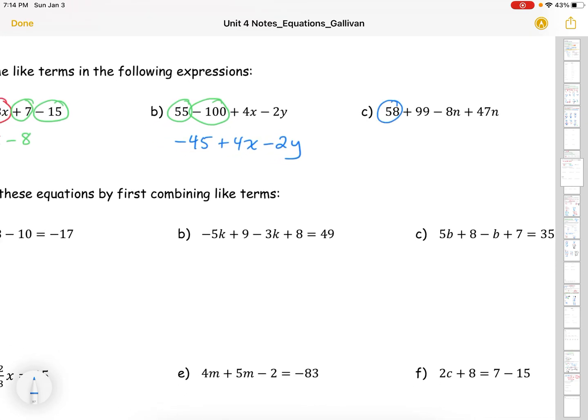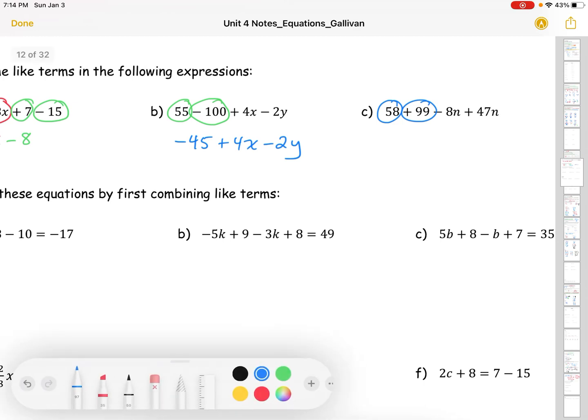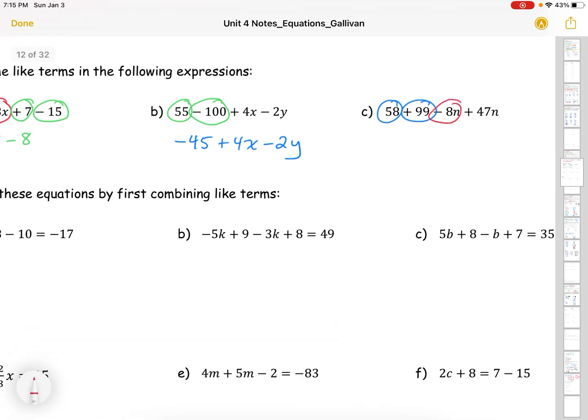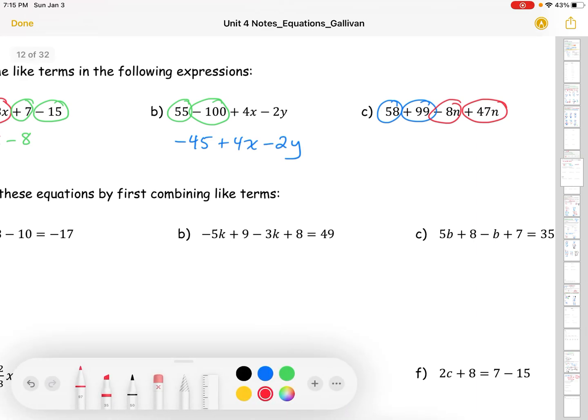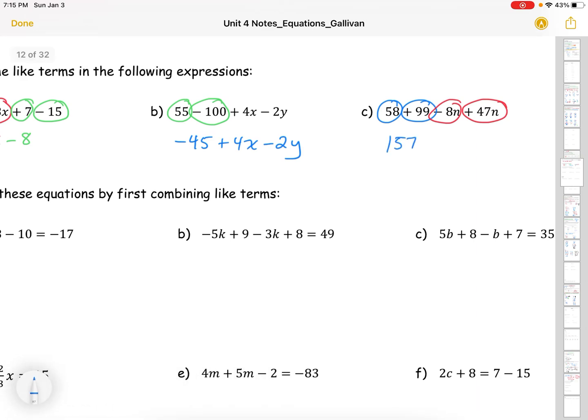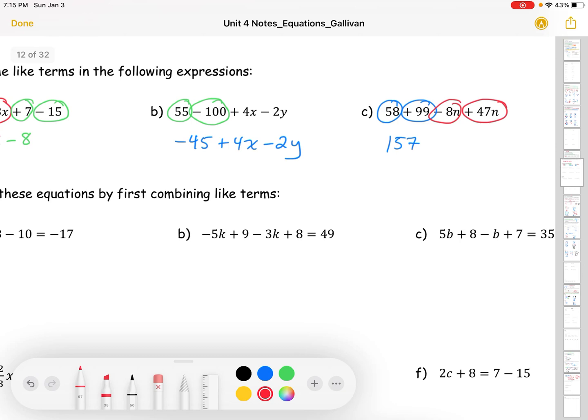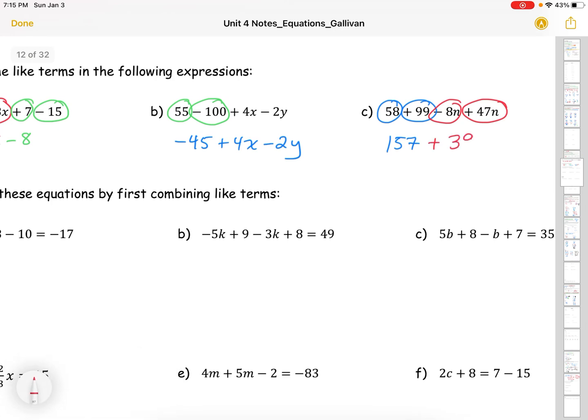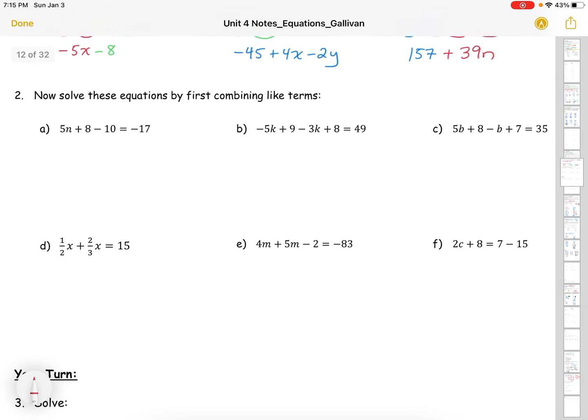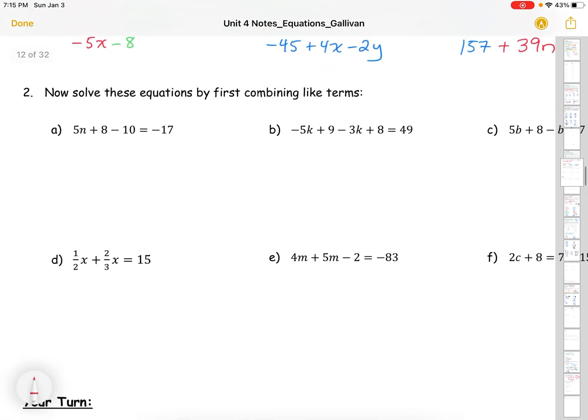Can't combine anything else. Here I have 58 and 99, and then I have negative 8n and 47n. So 58 plus 99 gives me 157, and then 47 minus 8, I have plus 39n. Okay, just gathering your like terms.